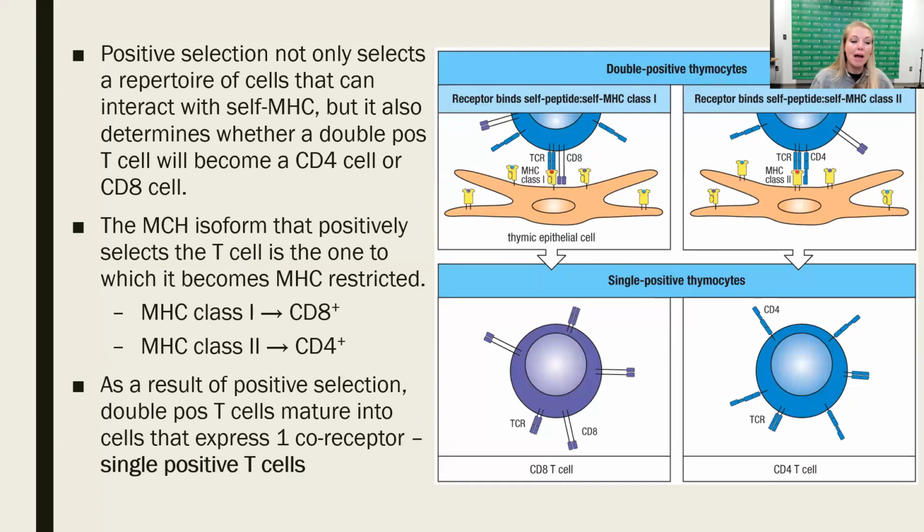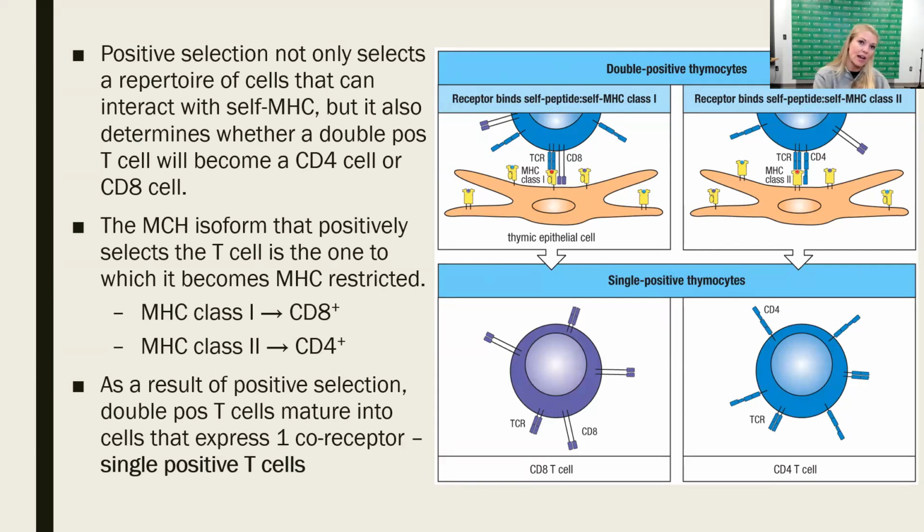Okay, now positive selection. This is the picture I want to show you. It will not only select for a T cell receptor's ability to recognize self-antigen, but it also determines whether a T cell will become a CD4 or a CD8 positive. And I kind of drew that on that other slide. But again, these are double positive, right? So they have CD4 and CD8 on their surface.